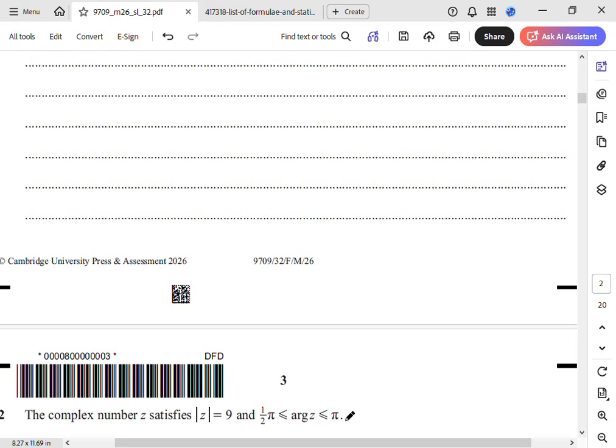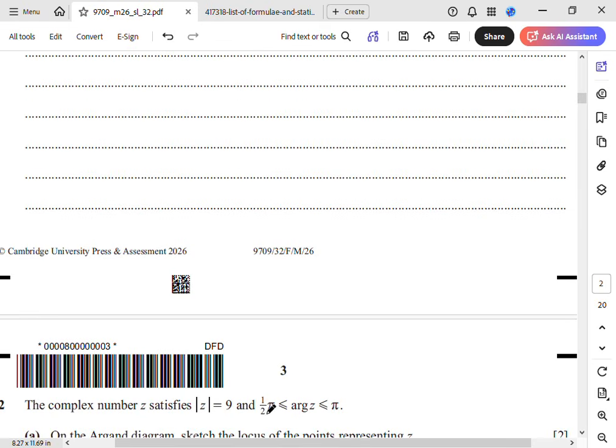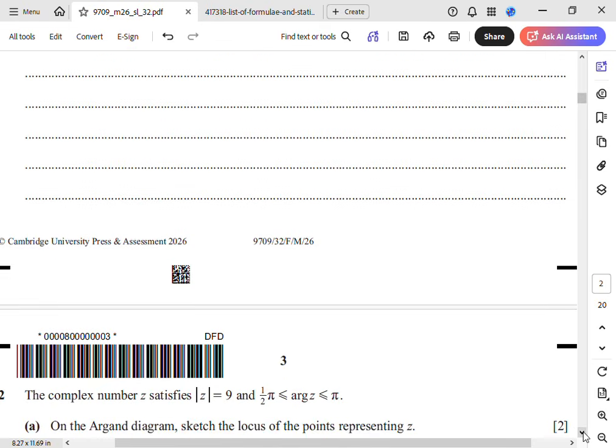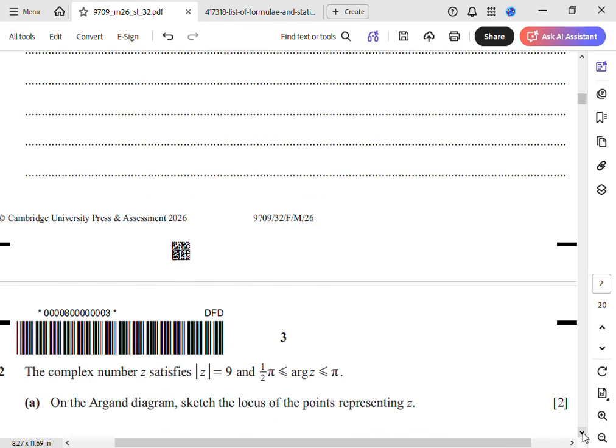These are given in radians, so if you convert them into degrees, you have 90 degrees to 180 degrees. If you want to draw this on the Argand diagram, I'm going to draw a circle, right? Since it says between 90 and 180 degrees, the circle will be in the second quadrant.